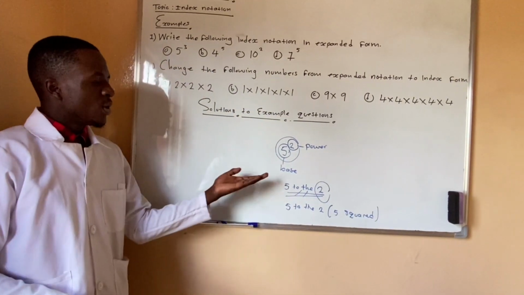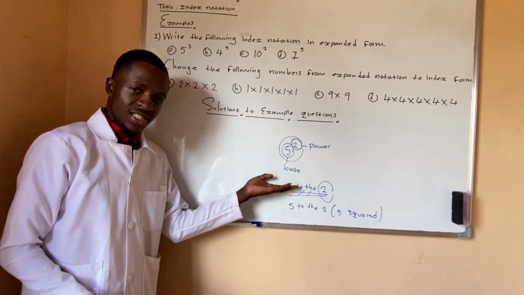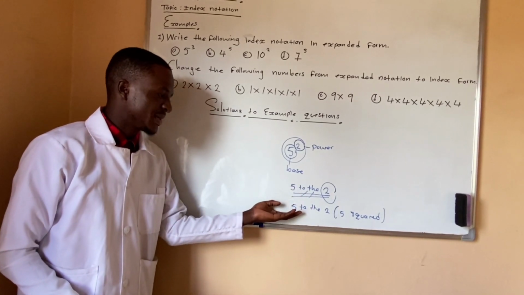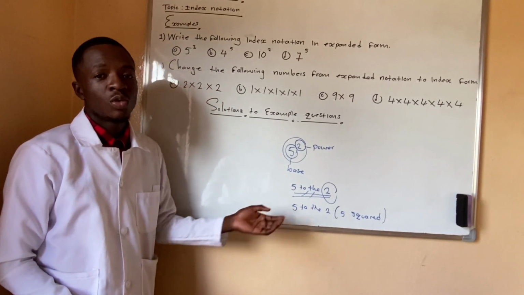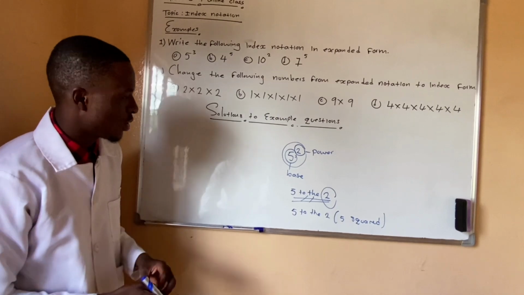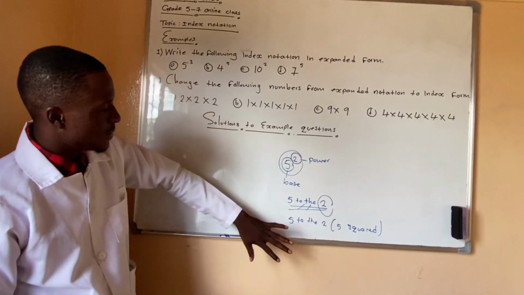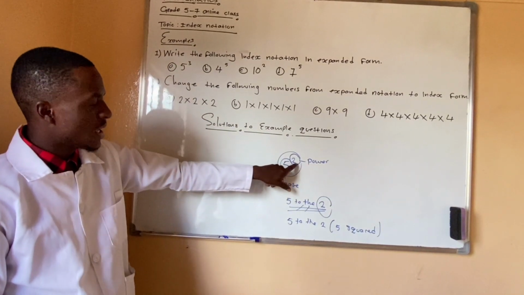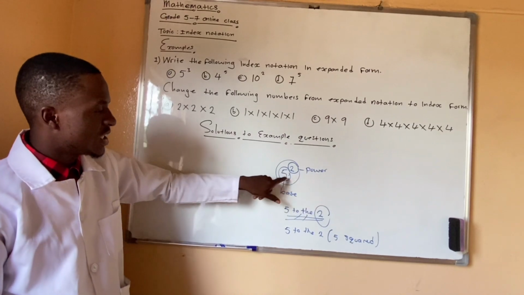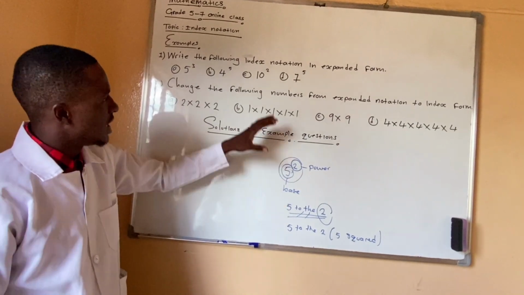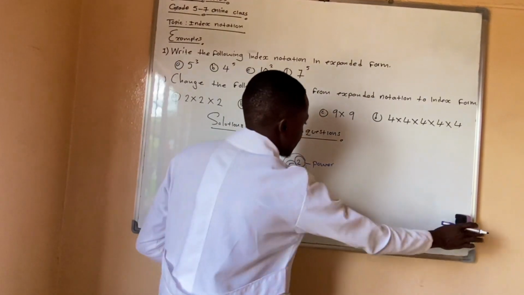Someone who has answered like this and another one like this is all the same. You won't be denied any marks. Since I've introduced this part, we now know that the number on top is called the power, and the number down here is called the base. Let us try to solve these questions.